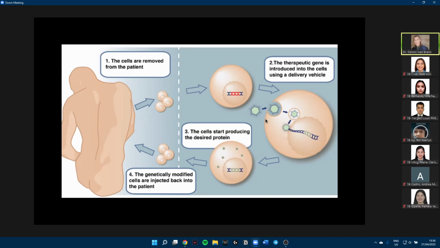This is a retroviral vector that has the capability to insert that beta globin gene into the stem cell. When successfully inserted, this stem cell is now capable of producing beta globin. Thus, they are reintroduced back into the bone marrow of the patient. This eventually not just manages, this eventually cures the patient of beta thalassemia.